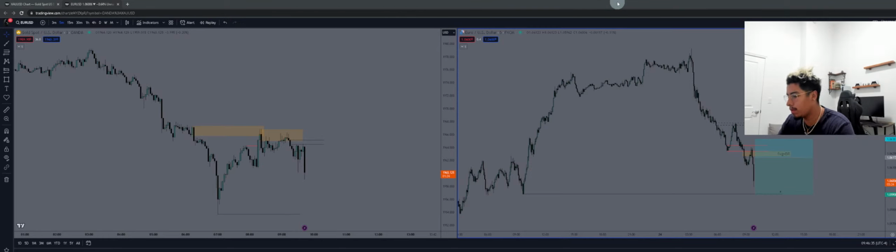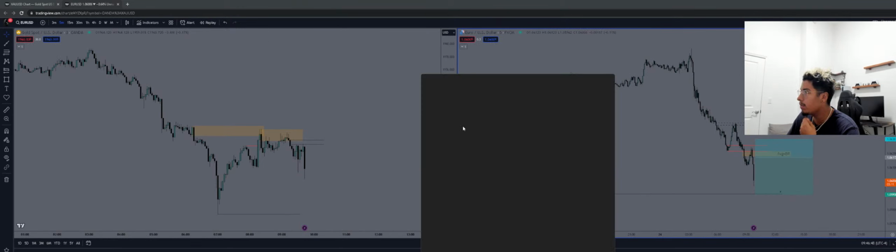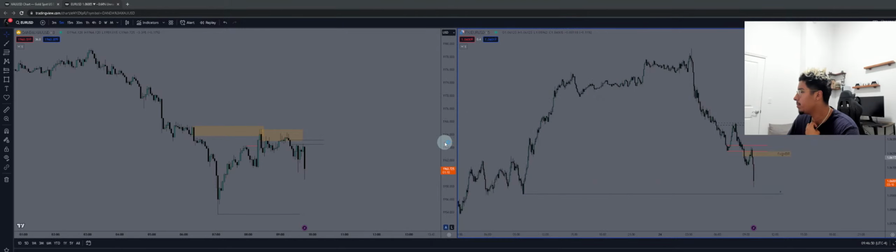Beautiful. Alright, you guys can definitely go up to break even now with EURUSD. Here we go. Beautiful setup.